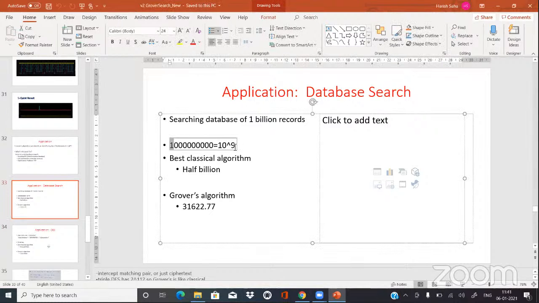If you do search classically, then you have to do 500 million iterations. But using Grover's, only 31,000. So it is drastically less than the classical one, and it has wide impact on cryptography also and other things also.